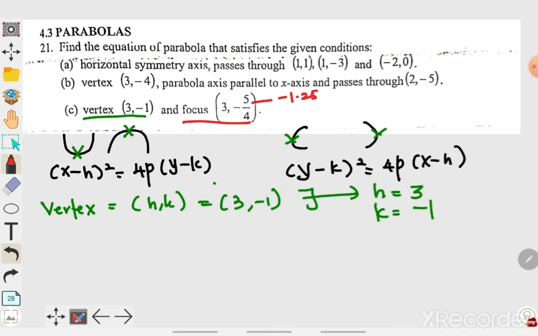The focus, as I have mentioned: if concave up, the focus is up. If concave down, the focus is down. If the graph opens to the right, the focus is at the right. If it opens to the left, the focus is at the left.